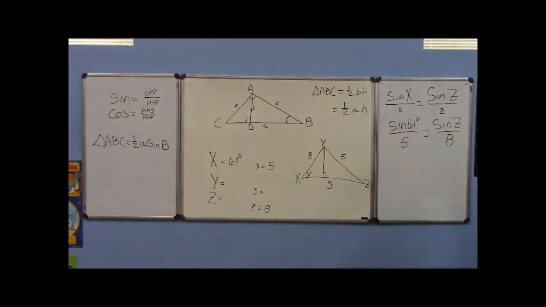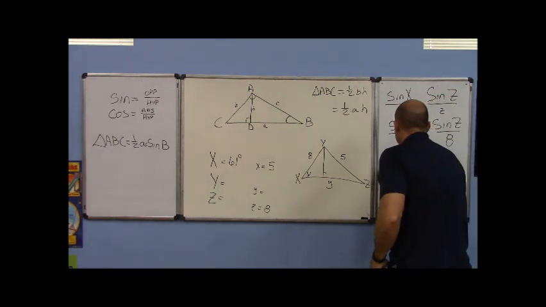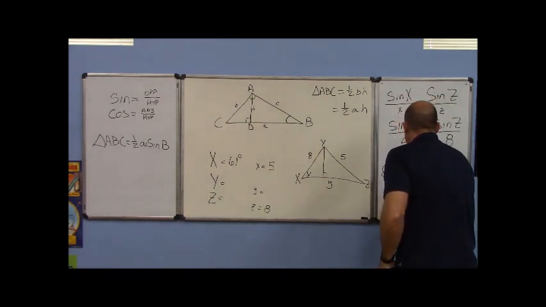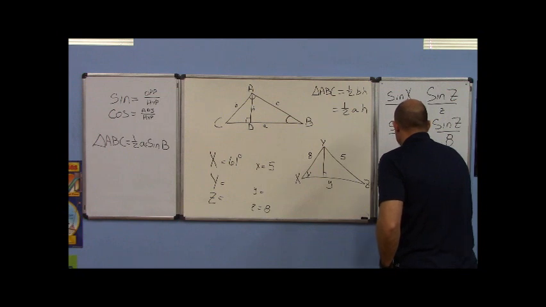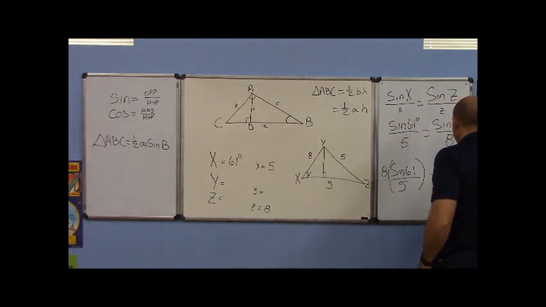Plug this into your calculator and come up with an actual value. You'll divide by 5, then multiply times 8, and that will give you your answer. So you have 8 times the sine of 61, divided by 5, equals the sine of z.